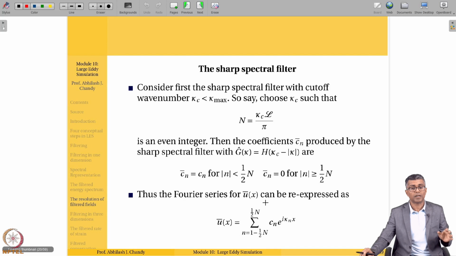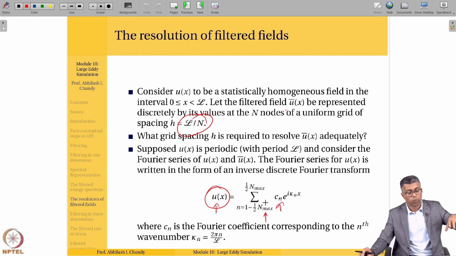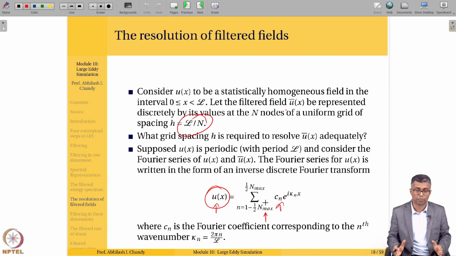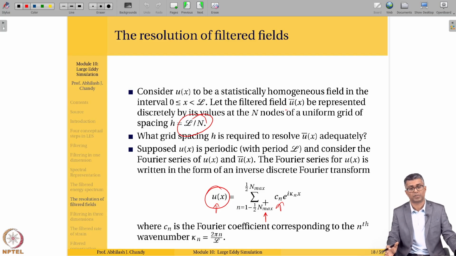So here what we have done is we have considered what if it is direct numerical simulation, right? And then you have Nmax number of grid points in each direction. Here, for the purposes of discussion, we are only considering 1D. And we have Nmax being the total number of points in one direction, and kappa max is the wave number corresponding to the total number of points.